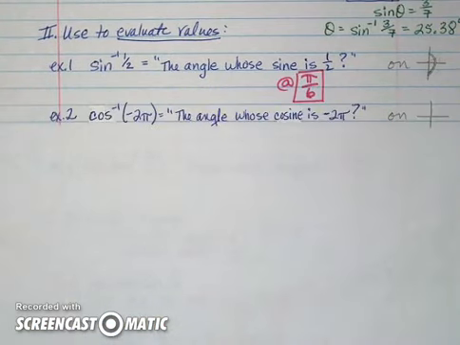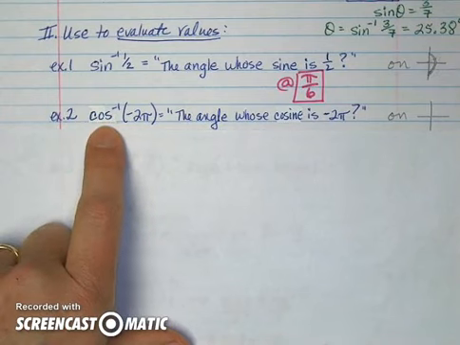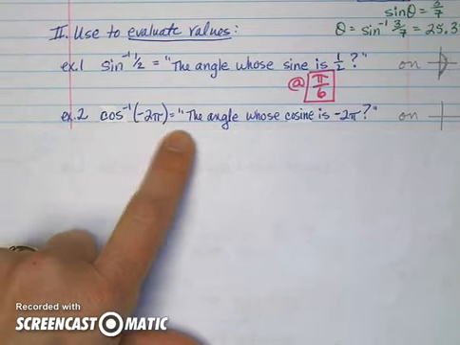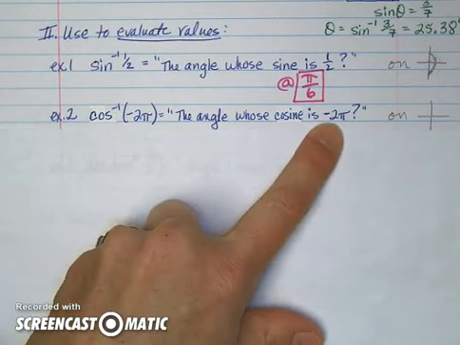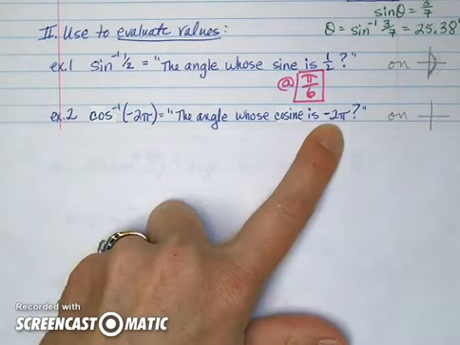Now I'm going to let you look at another example here. I did have sine and I changed it to cosine, so we could do both. The inverse cosine of -2 pi wants to know the angle whose cosine is -2 pi. Well, I realize I forgot to show you something on the notes. Let's go back to this real quick.